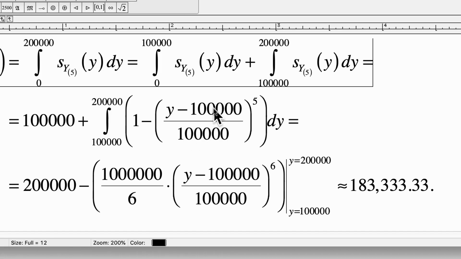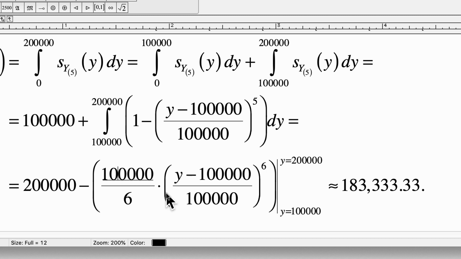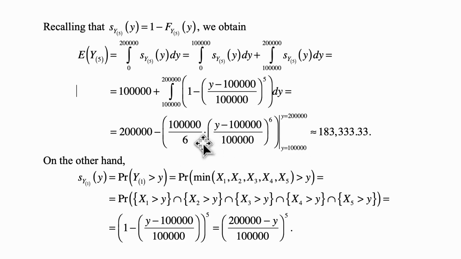Yes, so let's correct that. It's 100,000 over 6 times ((y minus 100,000) over 100,000) to the 6. The 6 comes from this exponent here: 1/6 times the function to the 6 to get the derivative to be to the power 5. And this is evaluated from 100,000 to 200,000, so this becomes 183,333.33.